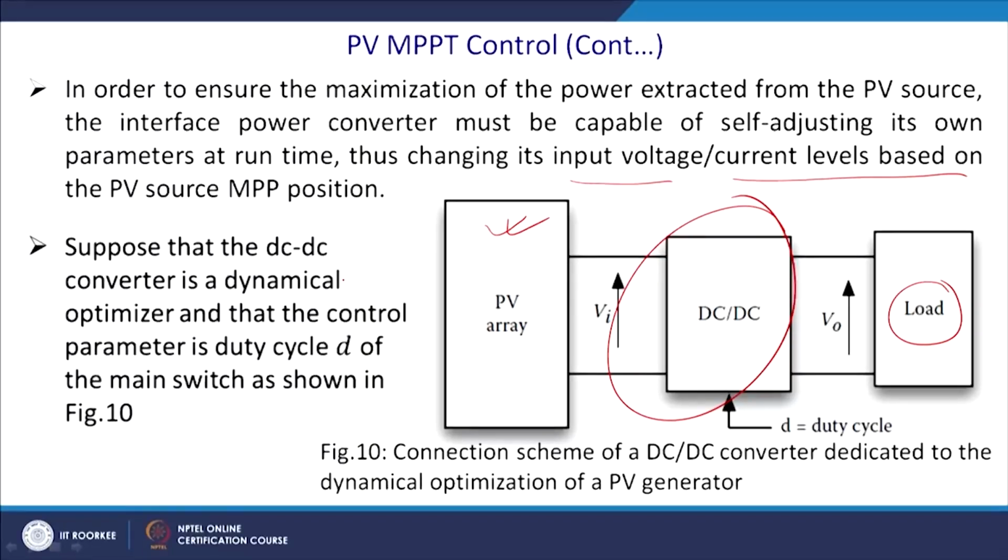Suppose that the DC to DC converter is a dynamical optimizer and that the control parameter is the duty cycle D of the main switch, as shown in figure 10. Then, the connection scheme of the DC to DC converter is dedicated to the dynamical optimization of the PV generator.